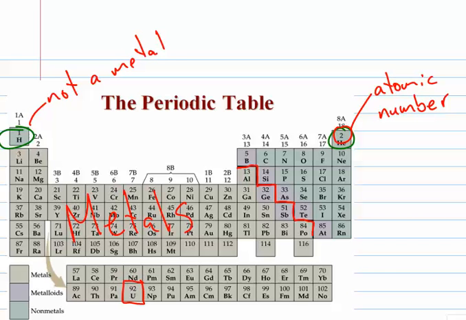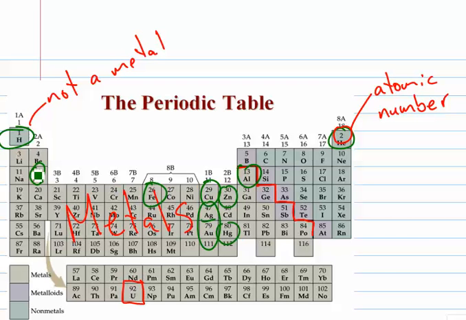So most of these elements are metals, and we're familiar with the properties of metals, and many of these you are familiar with in your daily life. There is iron and copper and zinc and aluminum, and of course silver and gold, mercury, lead, right, even magnesium. These are all common examples of metals.